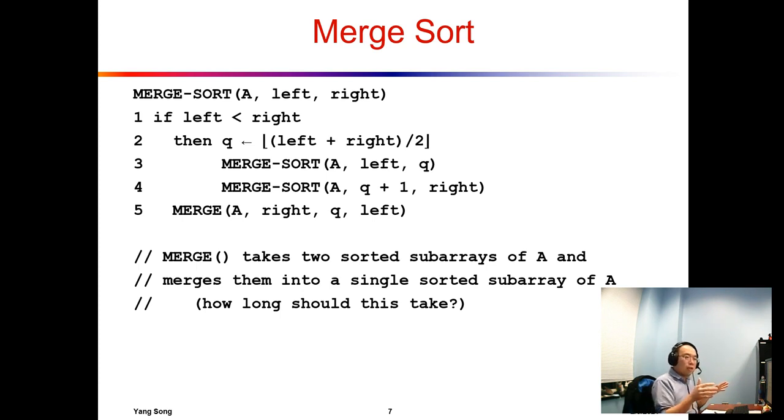So if left is greater than or equal to right, then we do nothing, and that is a base case. And since for the base case we are doing nothing, it's not in the definition. By looking at this code, you may find it a little bit strange, and I would say the base case is hidden, so you don't see the base case part.